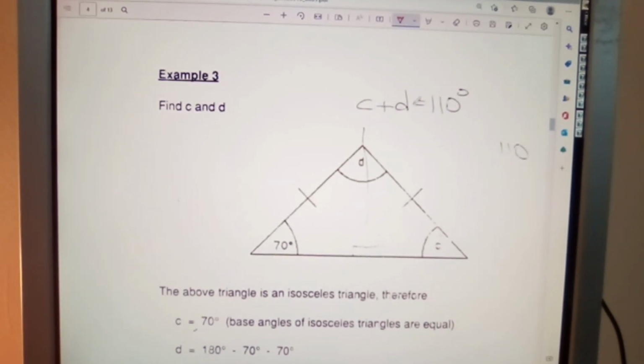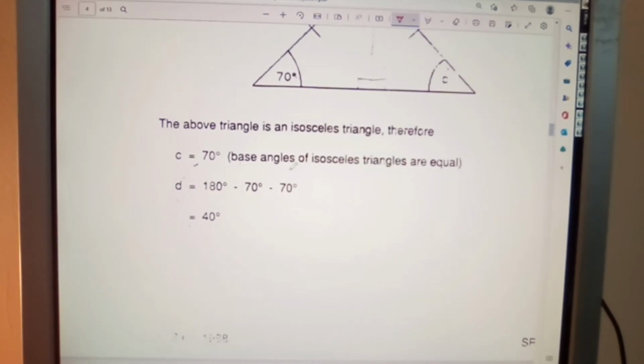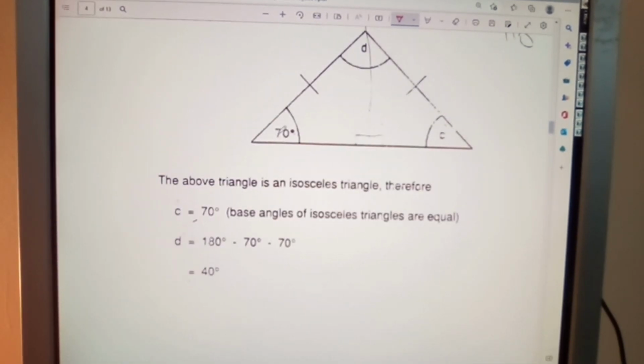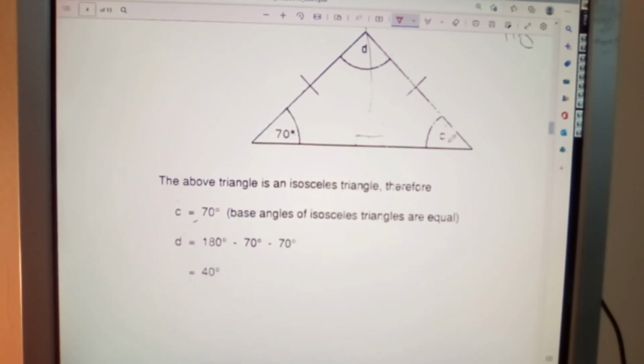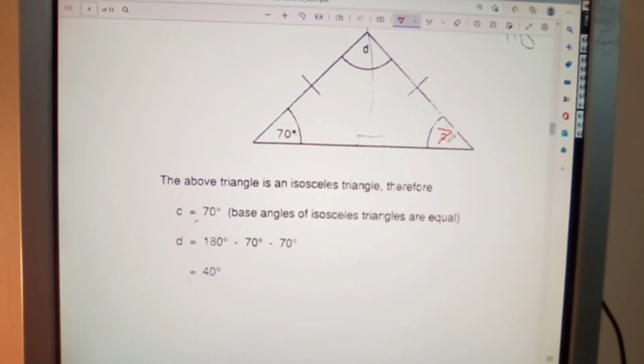That is equal to 70. We know base angles are equal in an isosceles triangle. So we know that is going to be 70. Therefore, if we have 70, 70, we have 140.